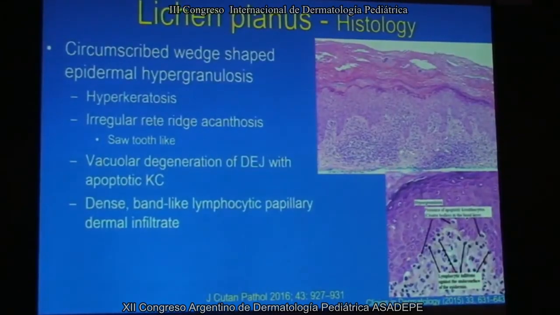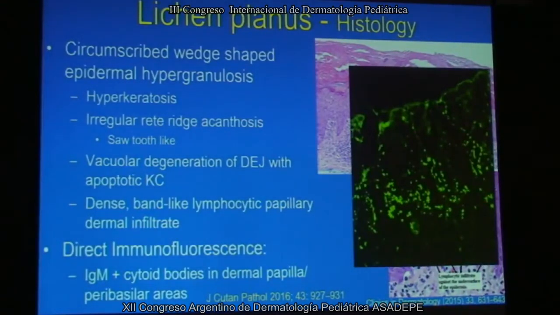The histology of lichen planus is quite classic, with a wedge-shaped hypergranulosis of the epidermis, the classic degeneration of the dermoepidermal junction, with a dense lymphocytic infiltrate and dying keratinocytes.